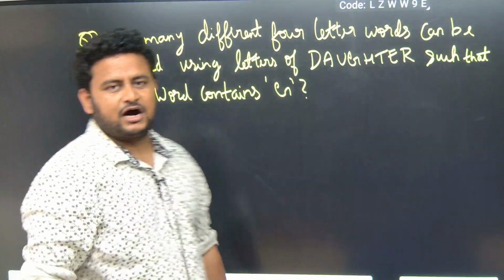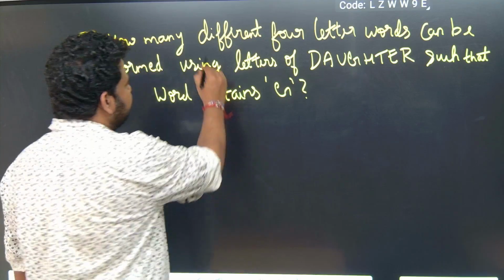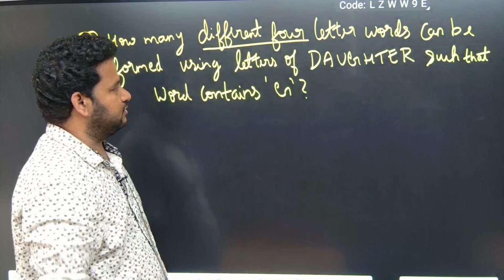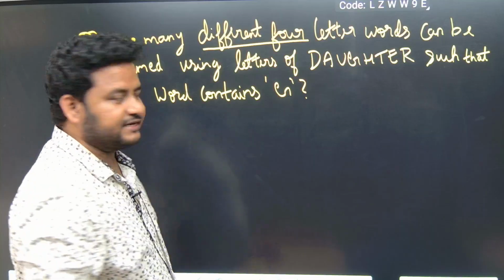They are telling how many different 4-letter words can be formed using letters of the word daughter such that the word contains G. Different means there is no repetition.